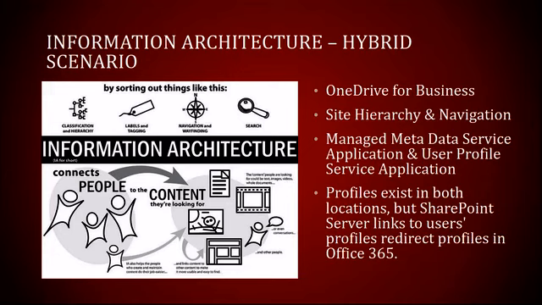For example, one of the biggest use cases that I see is OneDrive for Business. Due to its popularity, because it is so easy to use in SharePoint Online, it is a low-hanging fruit that a lot of my clients have in the past implemented first in this hybrid scenario and offloaded that workload into the cloud.